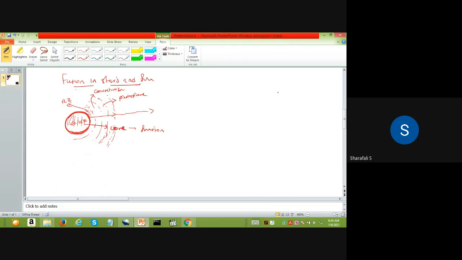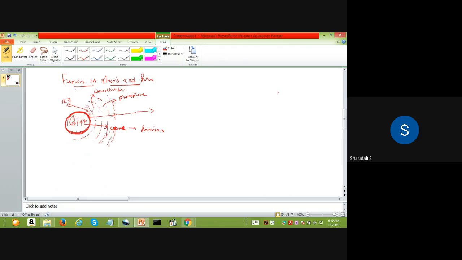That energy will be absorbed by different materials. Different scattering processes will happen in the sun's atmosphere, and only then does that photon come out.